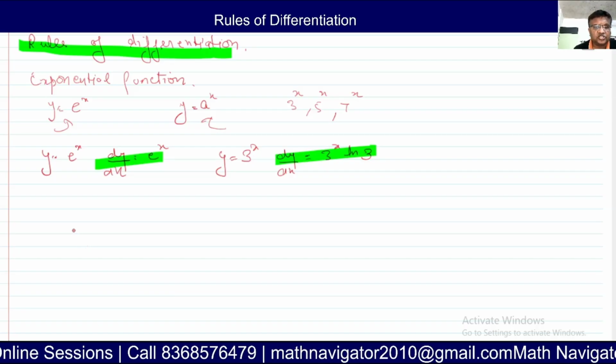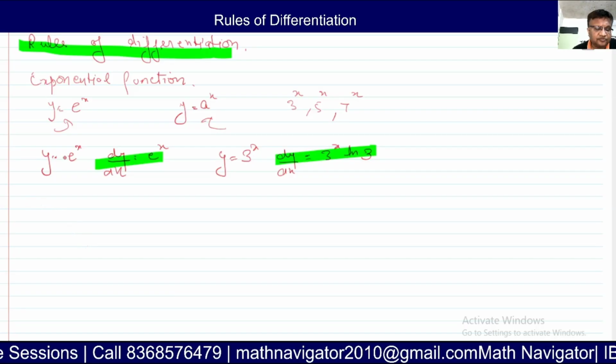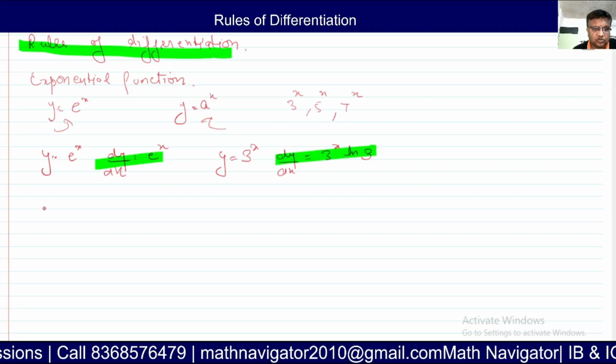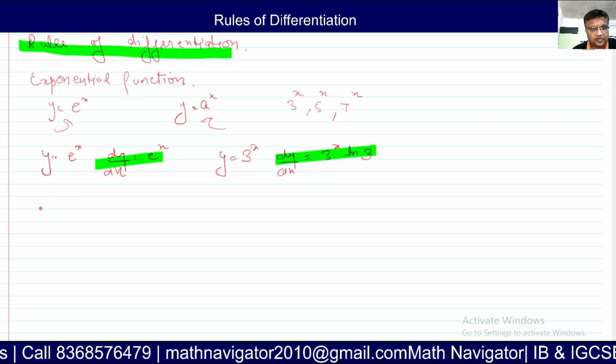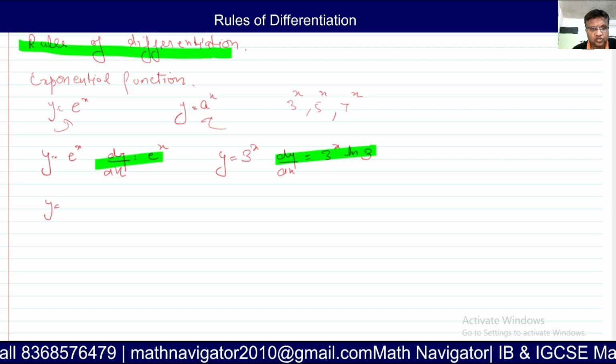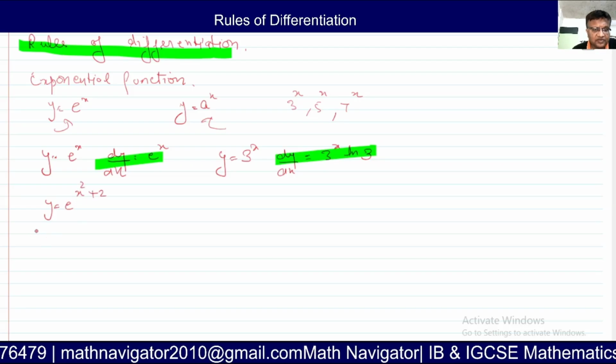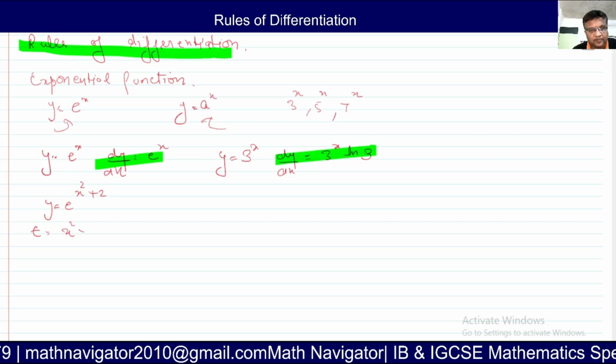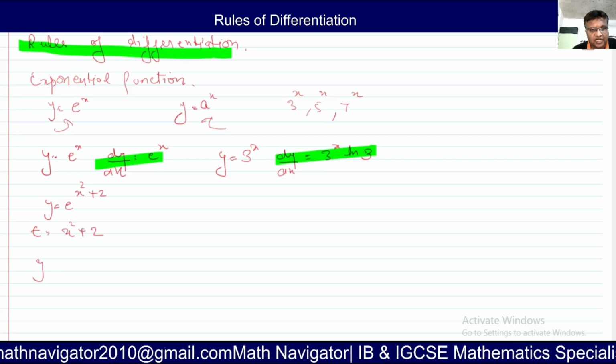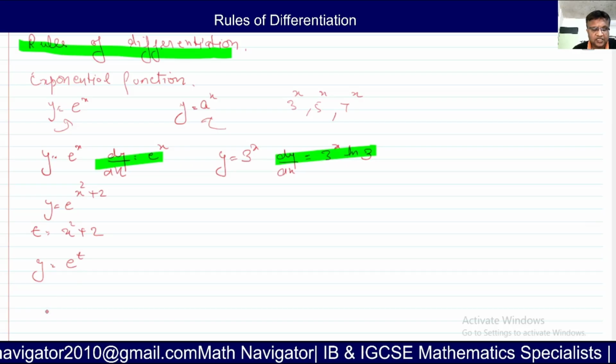Now let's do something. How do we use the chain rule and all? Let's say if y is equal to e raised to the power x, dy by dx is equal to e raised to the power x. If I have y is equal to e raised to the power x squared plus 2, what we'll do? We'll take t is equal to x squared plus 2. So it becomes y is equal to e raised to the power t.